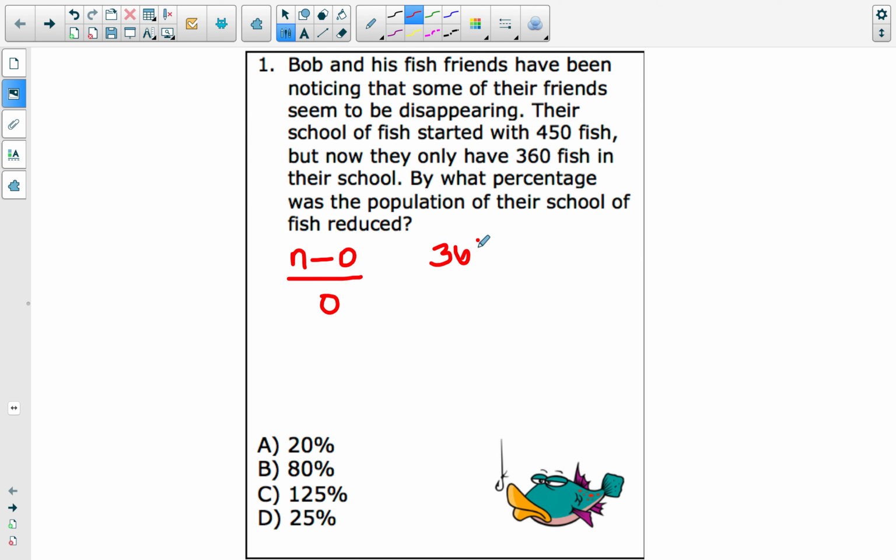That's how much they have left. Now we've got to subtract the old amount. What was the old amount? In other words, how many fish did they start off with? There it is, 450. And we are going to divide this by 450 because that's our old amount.